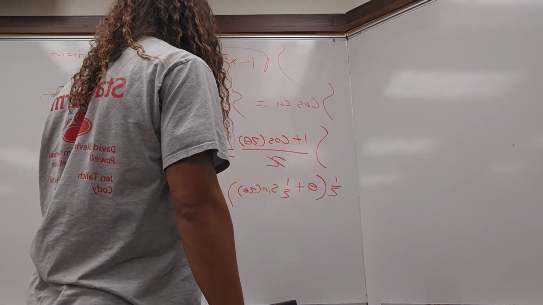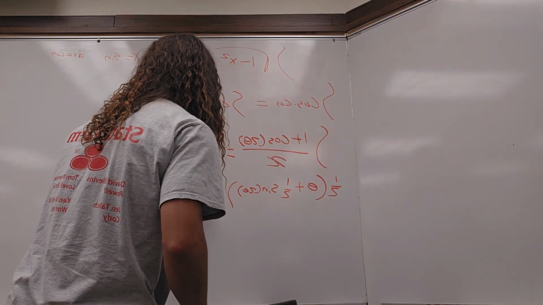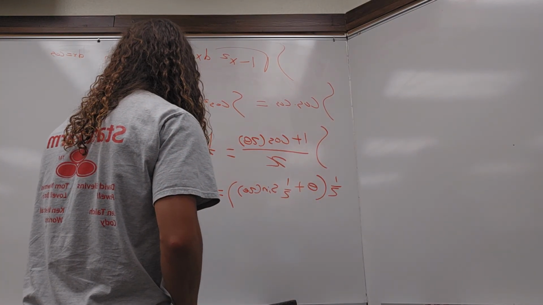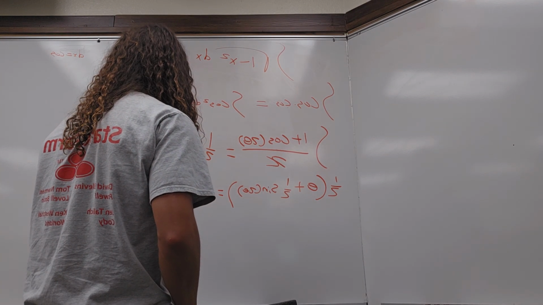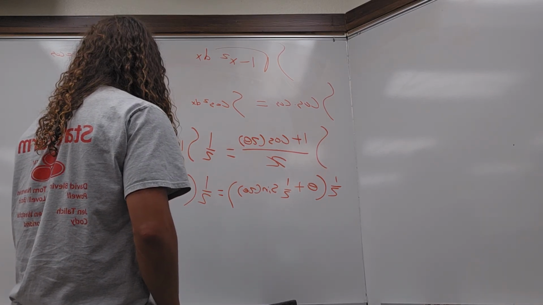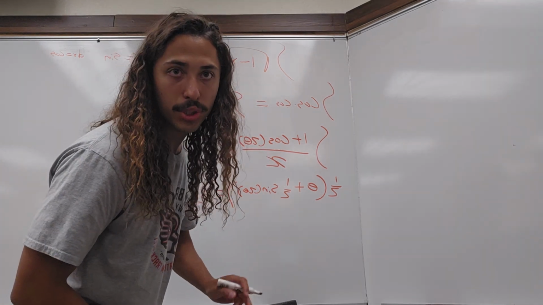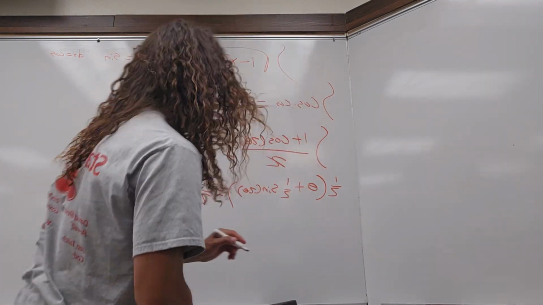So we have 1 over 2 times arc sine x plus 1/2, and then instead of this sine theta, we have that identity. We have 2x square root 1 minus x squared.